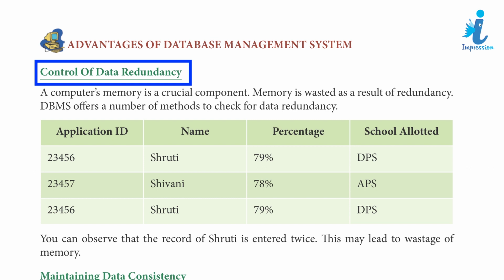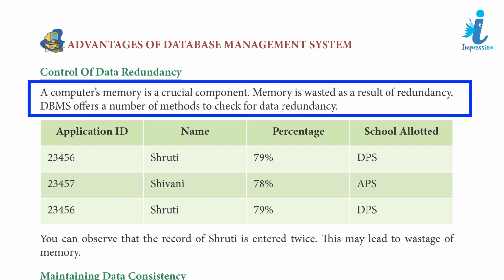Advantages of database management system. Control of data redundancy. A computer's memory is a crucial component. Memory is wasted as a result of redundancy. DBMS offers a number of methods to check for data redundancy.